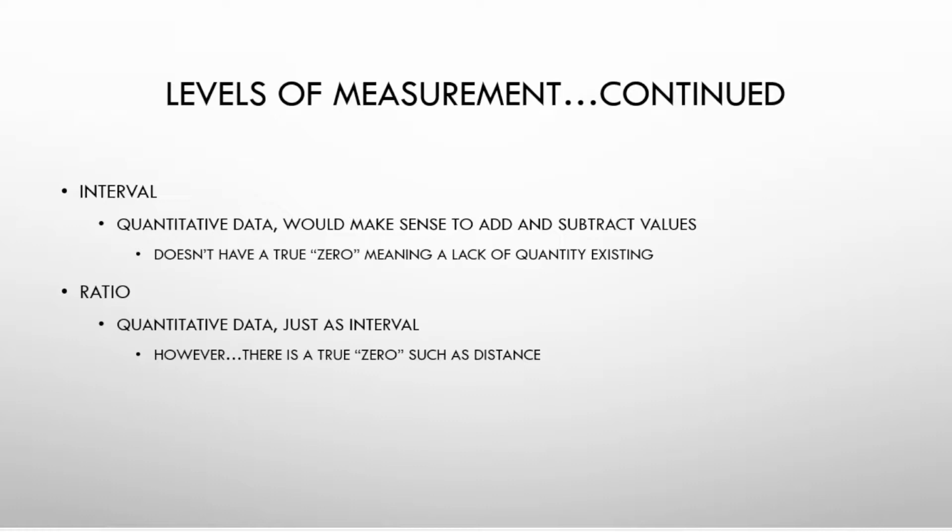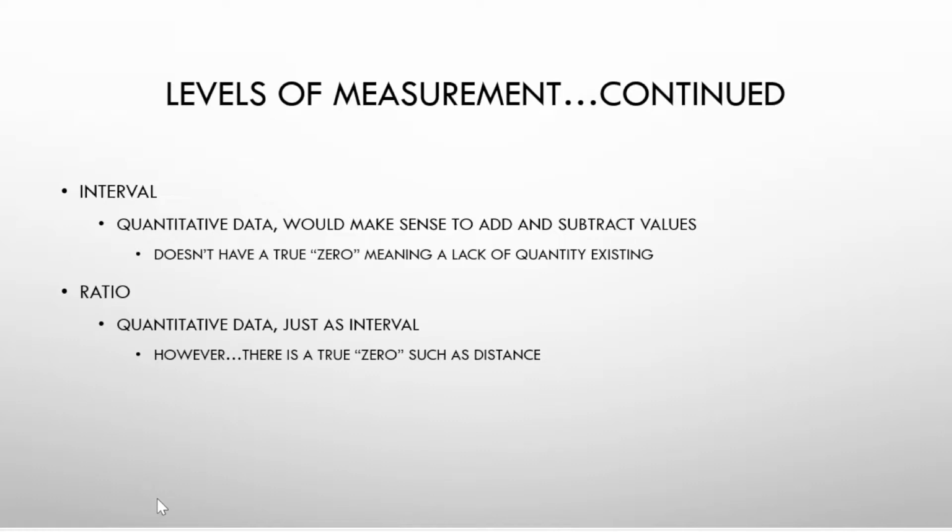How we distinguish between these two is based on one concept. Depending on what textbook you read or what professor you have, they might add more to this, but this is the key idea. With interval, it's quantitative data, and it makes sense to add and subtract values. That's the textbook definition.